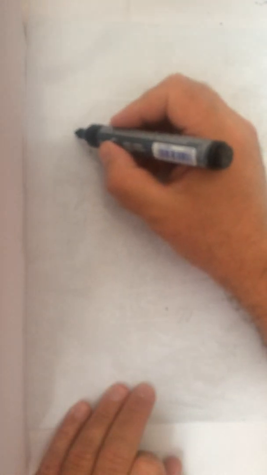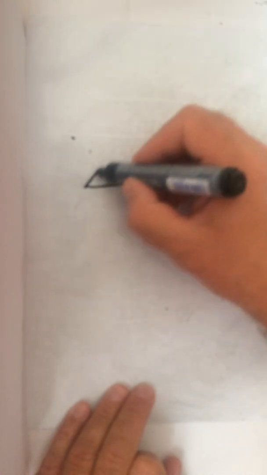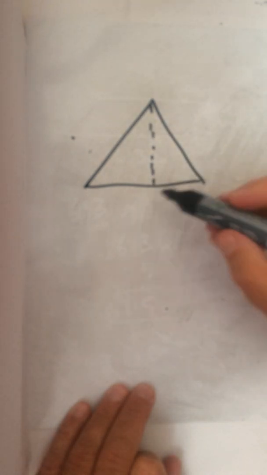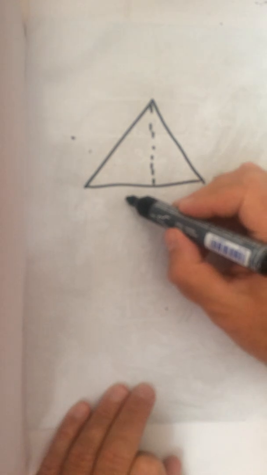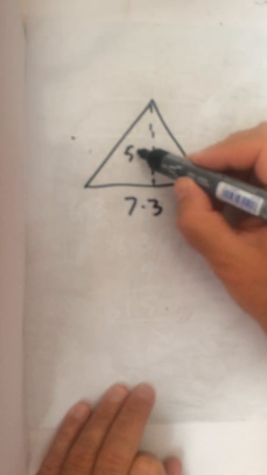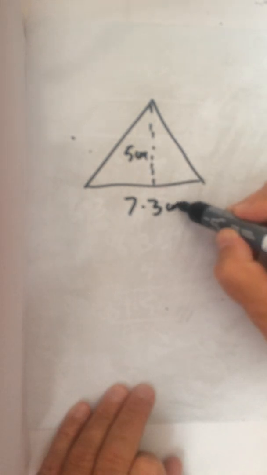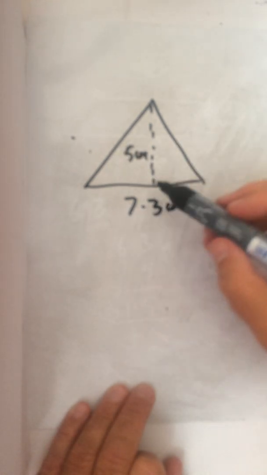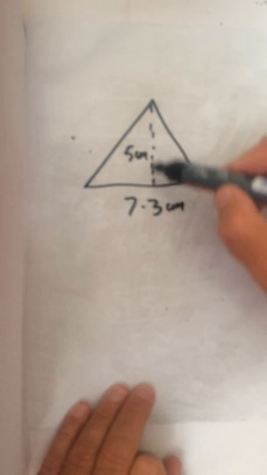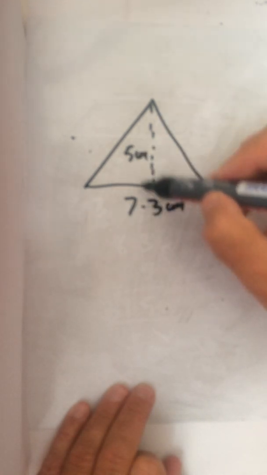Right. So for example, let's do an example of a triangle. So here we have that. Say this is 7.3, and then this is 5 centimeters. Now the formula I want to use on this one, I'm not going to halve this. You can either halve the base and times the height, or you can multiply them and divide by 2.